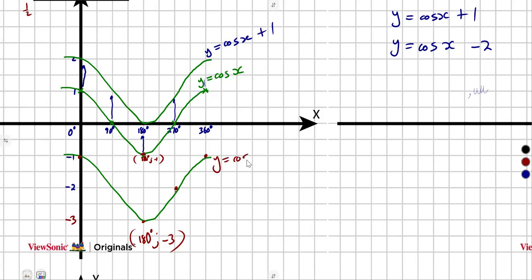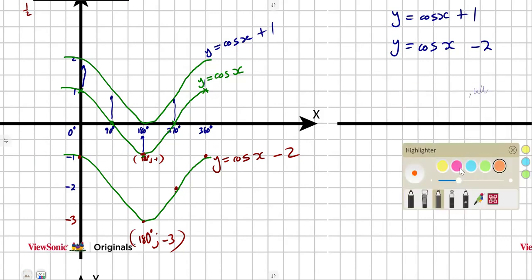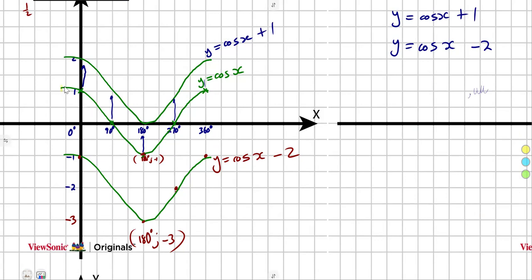Y is equal to the cos of x minus 2. The graph has gone down 2 units. So that's the effect. You must be able to trace it from the original graph, from what you are given. Before you can attempt any questions, guys, can you be able to trace it?